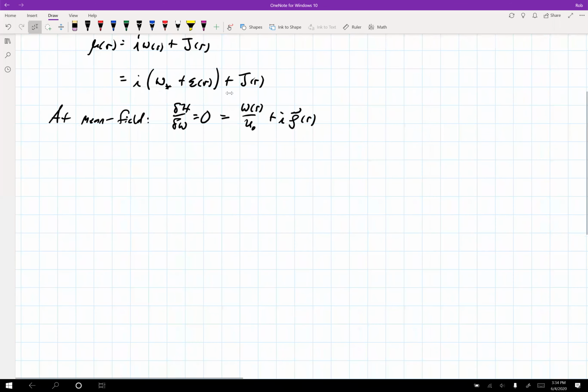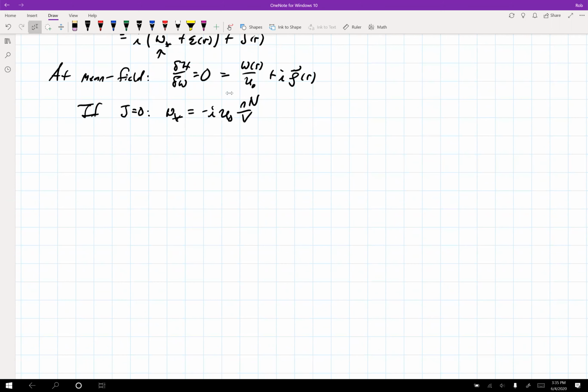We can get the expression for w star, the homogeneous mean field result, just by assuming that j equals 0. Then we can just solve this equation for w star, assuming that everything is homogeneous, and this is minus i u0 n over V. Easy enough.